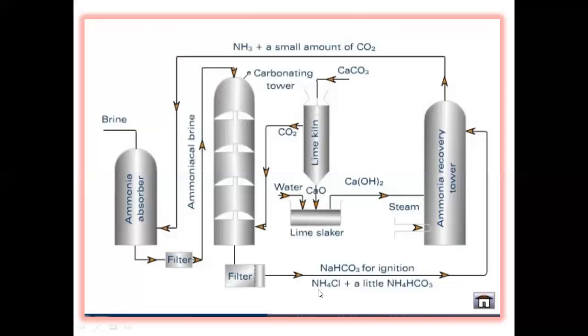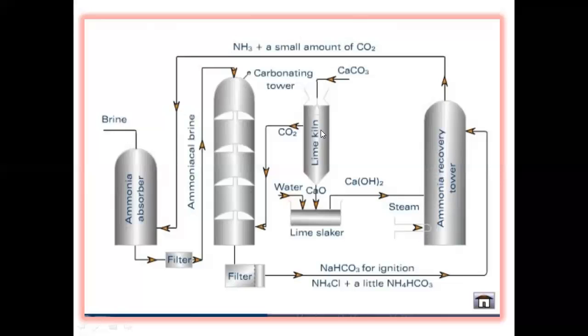But this ammonium chloride, which is formed as a side product, is passed through the ammonia recovery tower, and also the slag lime, which is calcium hydroxide, is passed through this ammonia recovery tower, and steam is passed through it, and it will form ammonia, and that ammonia and a small amount of carbon dioxide is reutilized in the first step. Carbon dioxide is utilized in the carbonating tower, and ammonia is utilized in the first ammonia absorber step.